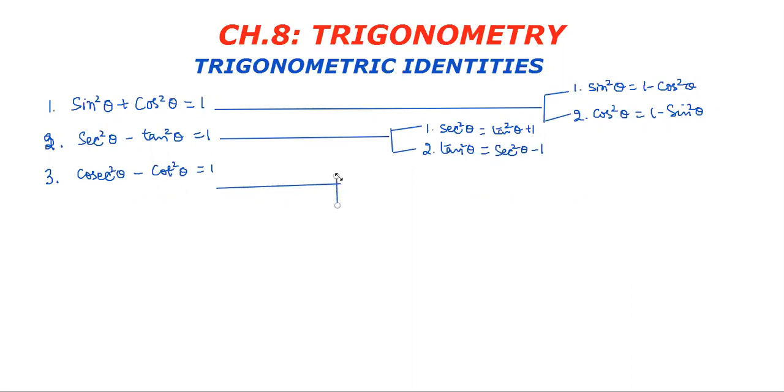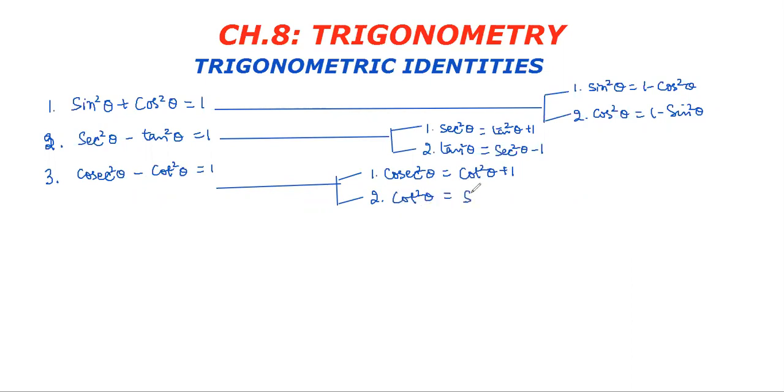we can have two more identities. Again, if you want to write cosec square theta, since it has S in it, therefore cot square theta plus 1 will give you cosec square theta. Similarly, cot square theta is less powerful as it does not have S in it.